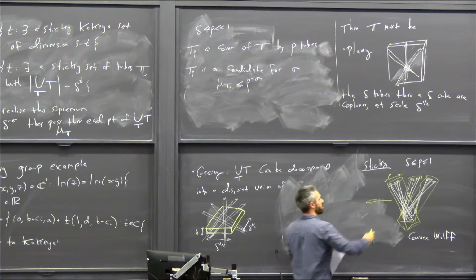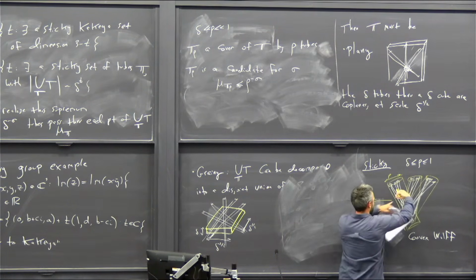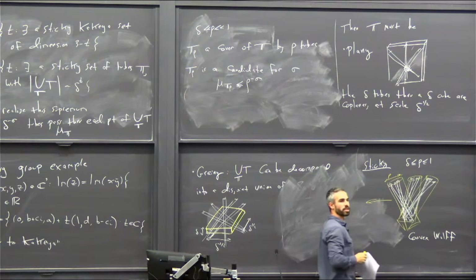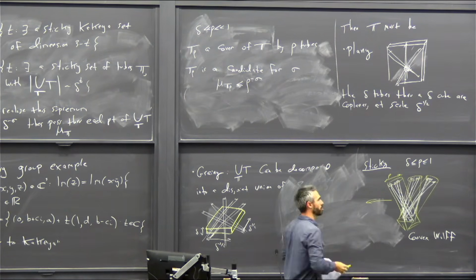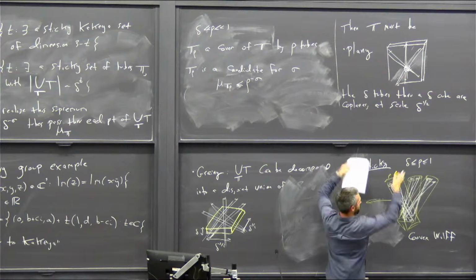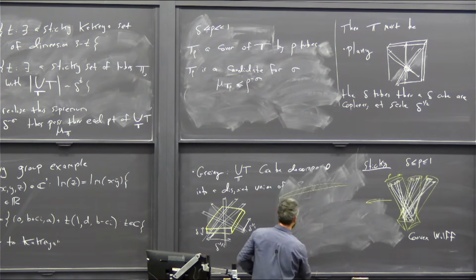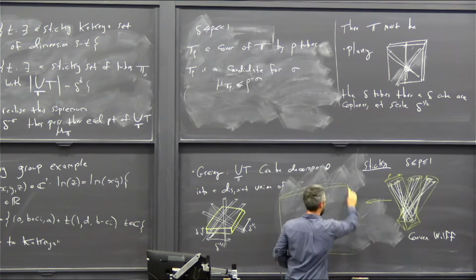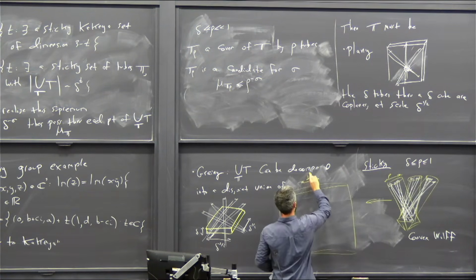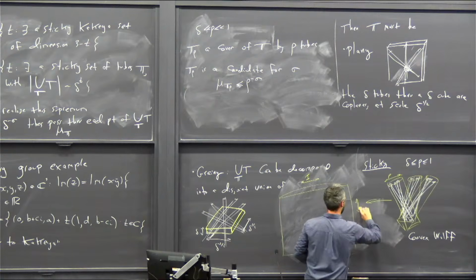I want to dilate it by 1 over rho in the 2 directions in which it is thin, and I don't want to dilate it in the 3rd direction. And maybe I'll rotate it so that it's vertical. That part's not so important. And now what I have is more or less the unit ball. This thing has width 1 and height roughly 1.